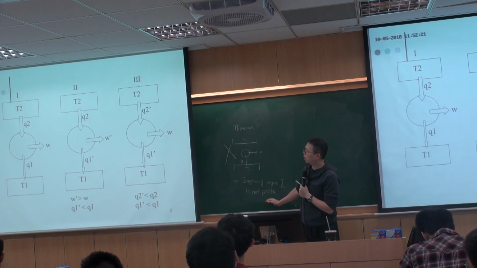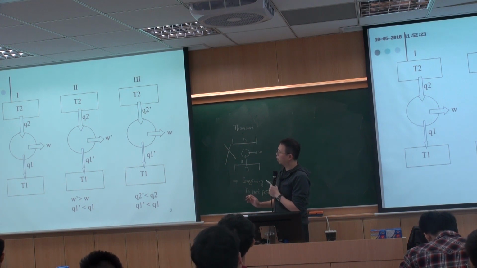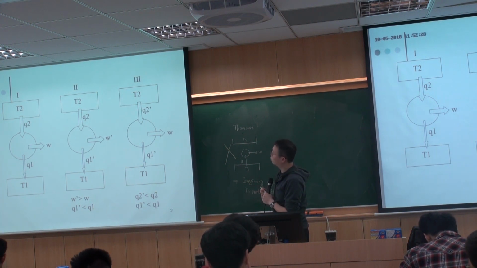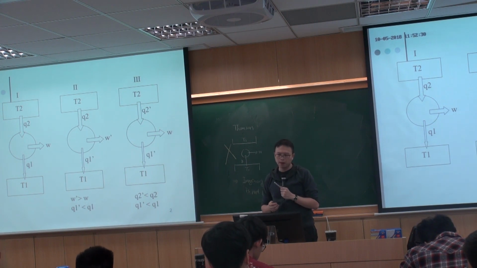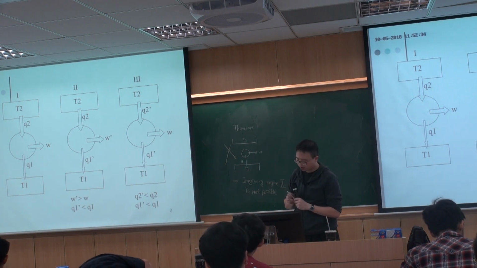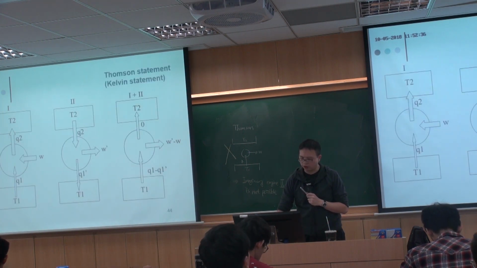Therefore, we cannot have an engine that has efficiency greater than the Carnot engine. So this is the first proof. And for the second one, for the third one, we'll do the same thing.